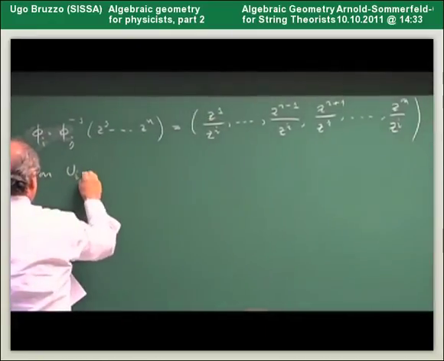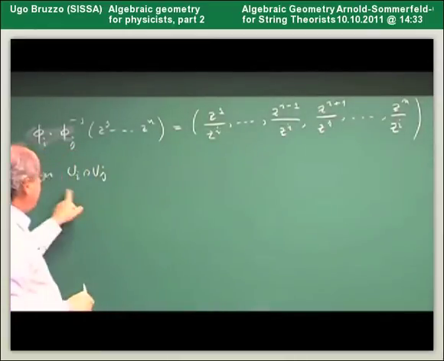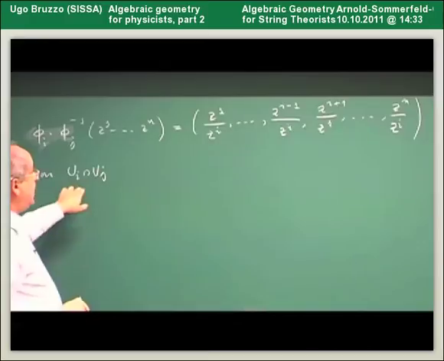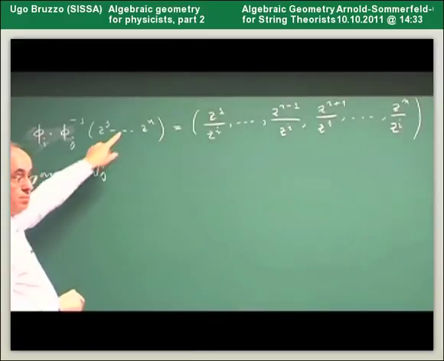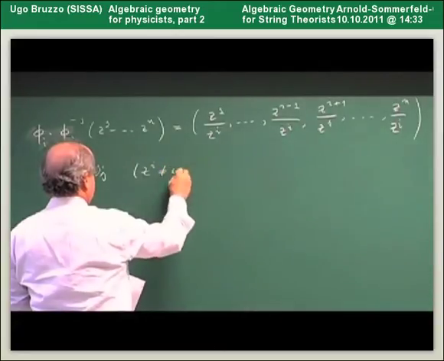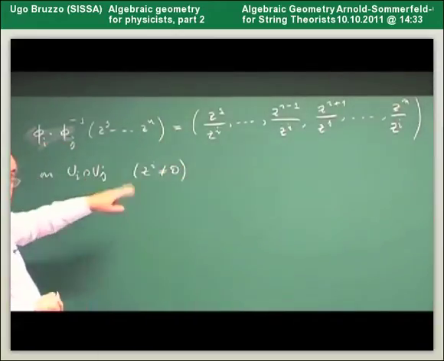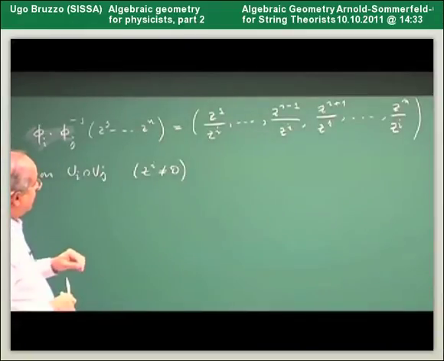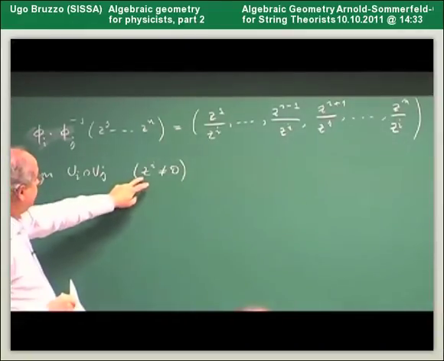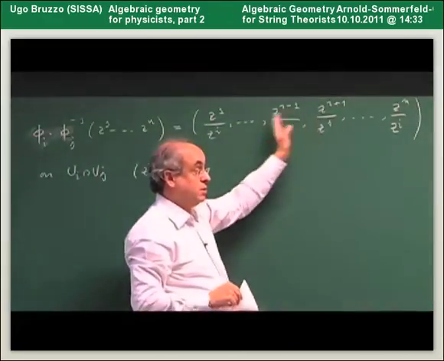Actually, we are considering this on ui, on the intersection between ui and uj, and here zi is different from 0. Because both wi and wj are different from 0, so zi and zj are different from 0, and zi in particular is different from 0, and so this is a biholomorphism.